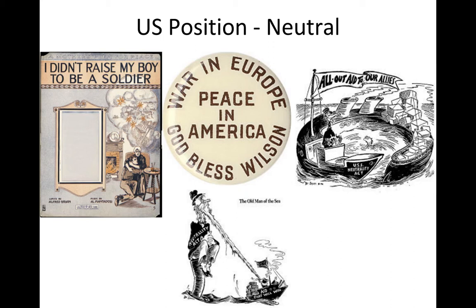One of the reasons why neutrality was very hard to maintain was that the U.S. did have economic ties with many European countries. And there was, very early in the war, a British blockade, which essentially cut the U.S. off from trading with Germany. And the U.S. at that point started to trade more with the Allies, more with Great Britain and France in particular.